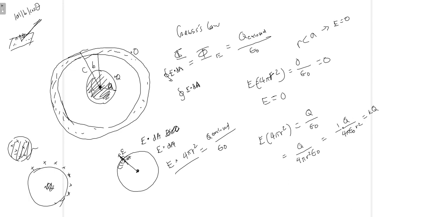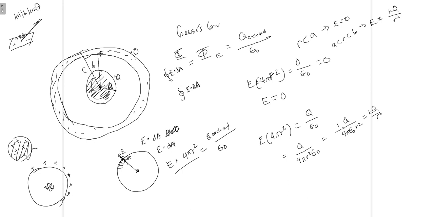This looks like KQ over r squared. So when A is less than R, less than B, the electric field is just the electric field due to a point charge, KQ over r squared.